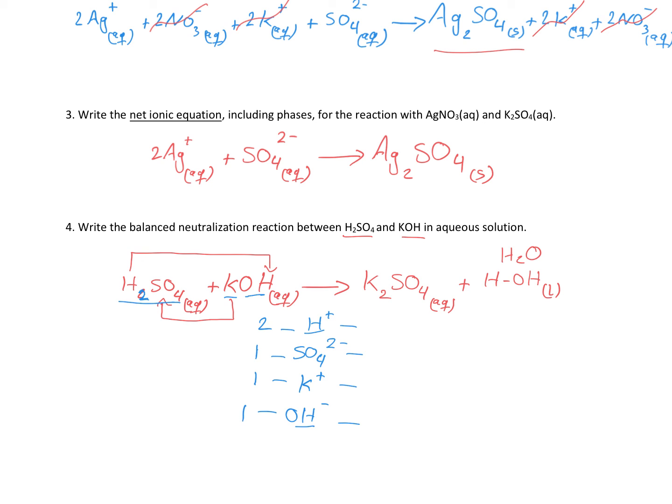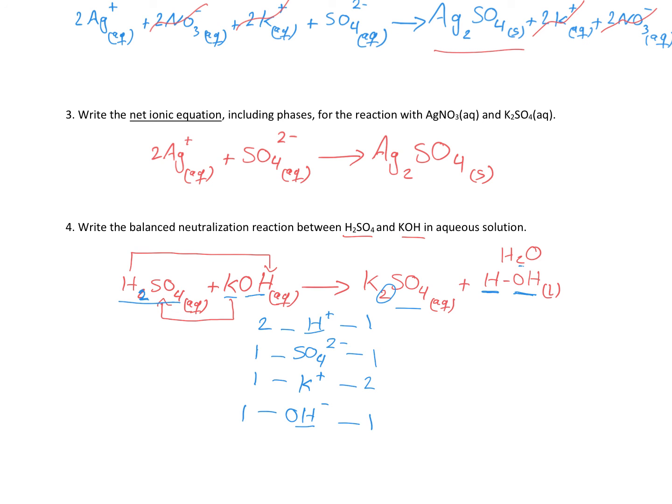On the product side, how many H plus do we have? H2O doesn't have 2 H plus, it has one H and one OH. That's why I write it like this. So there's one H plus and one OH minus. You have to be careful with that. So there's one H plus, sulfate, there's one potassium, we have two, and OH we have one.